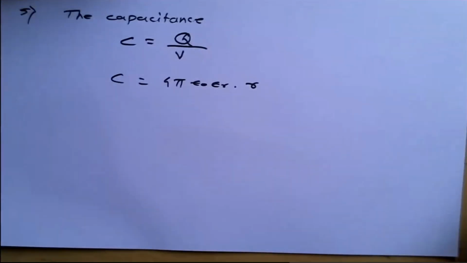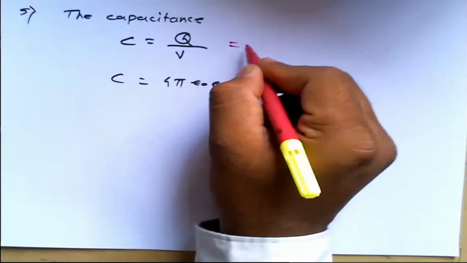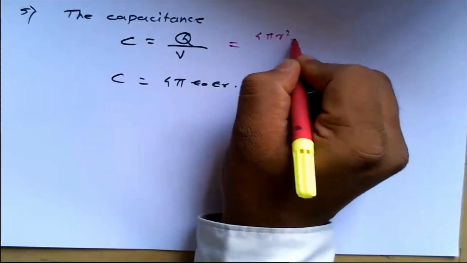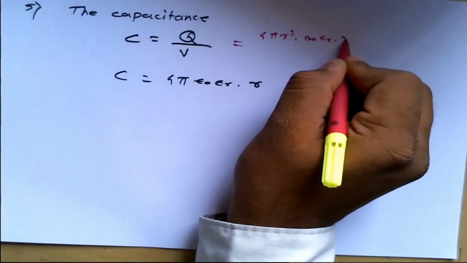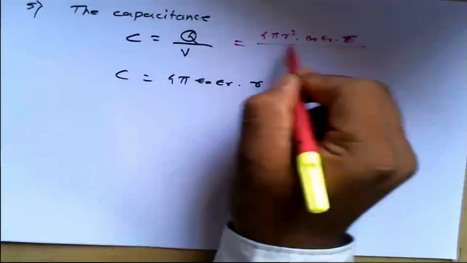What is Q? The formula for Q is equal to 4 pi r square into epsilon 0 epsilon r into E. And what is V?